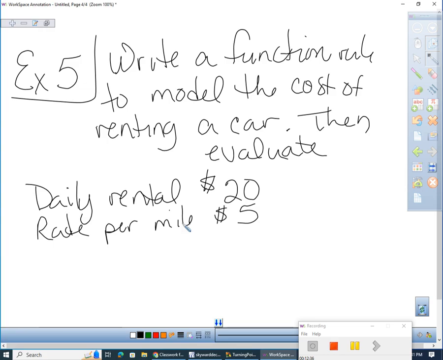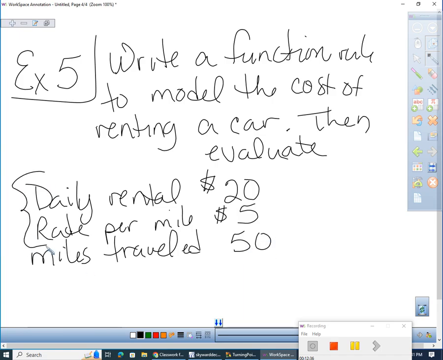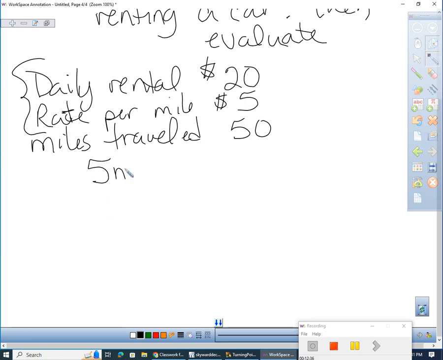All right, and then after that, let's say miles traveled is 50. So first, we're going to use the first 2 things to write our function rule. So we have per mile, this is my rate per mile, is $5, so I'm going to have 5m plus 20.